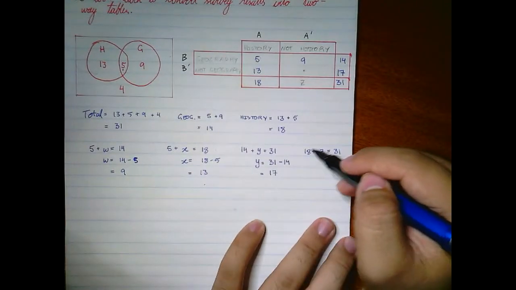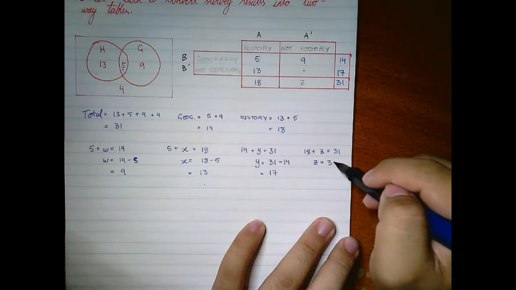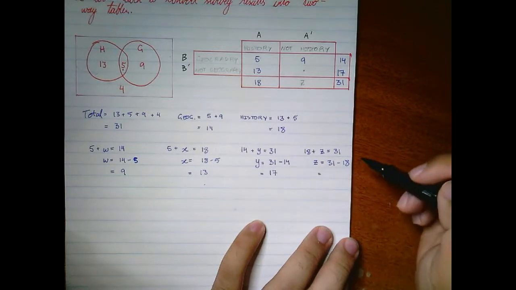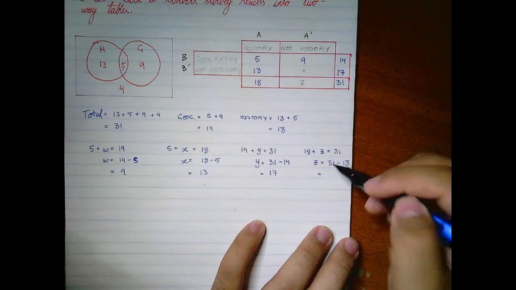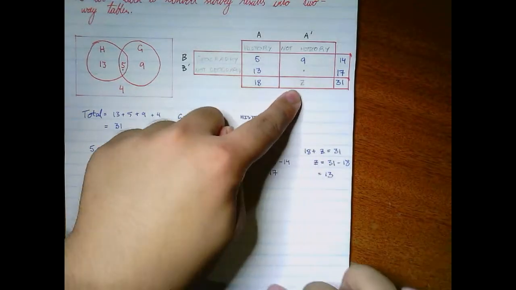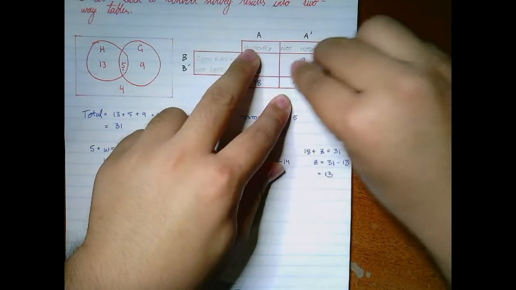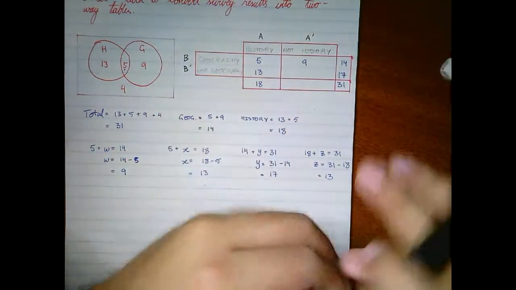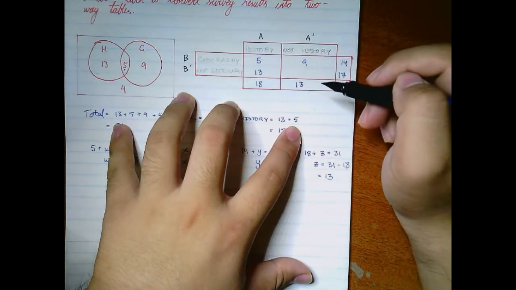Moving the 18 across, Z equals 31 minus 18. That will give me 13. So that value there is 13.